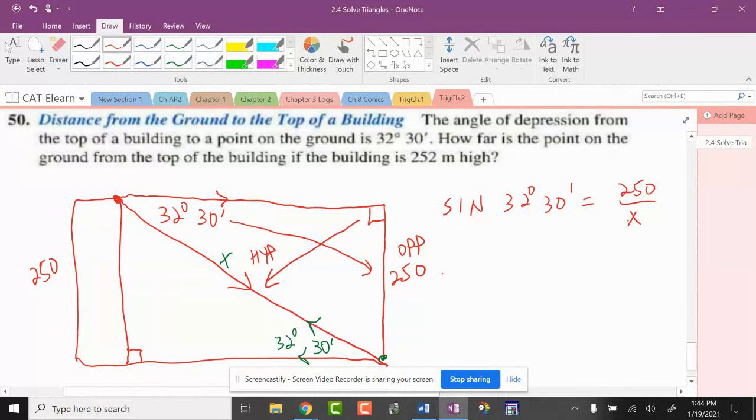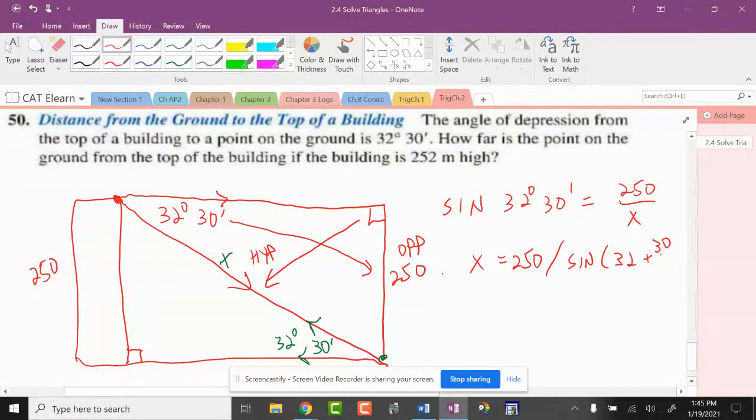I think I did cover this in the other video a couple of weeks ago. But these two can switch. What I do is multiply both sides by x, then divide by sine. So x equals 250. Let's try to write this like a calculator. It would be okay if you wrote 250 divided by sine of, and we already have the parenthesis there.